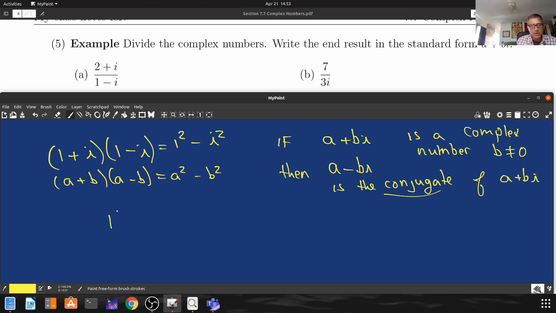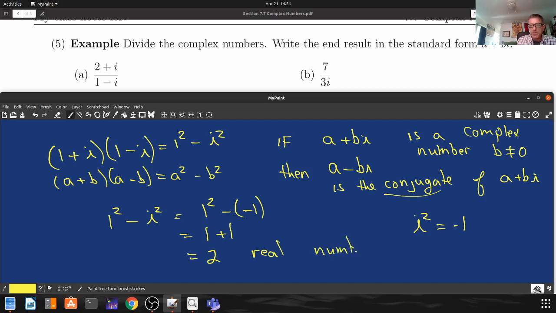So 1 squared minus i squared is equal to 1 squared minus, what is i squared, people? i squared is minus 1. So 1 squared is 1, and minus a minus 1 is plus 1. So that's actually equal to a real number.